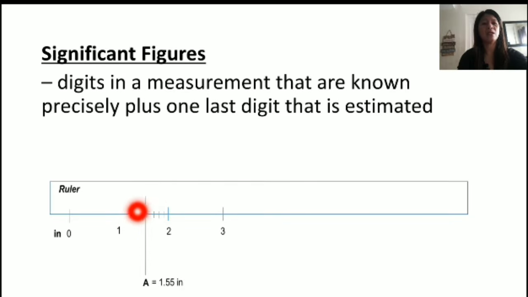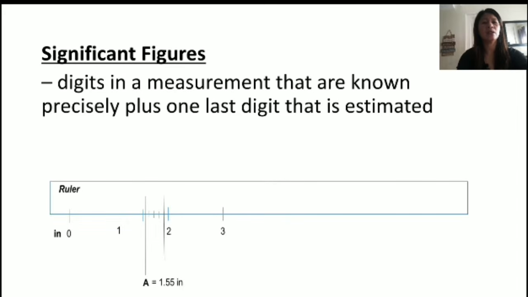So we can say that 1 and 5 are accurate, but the third digit 5 is just estimated. So that's what we mean by estimation. The last digit is the best estimate that you can do, but is considered still as significant.